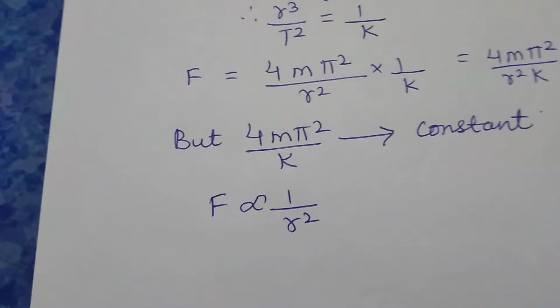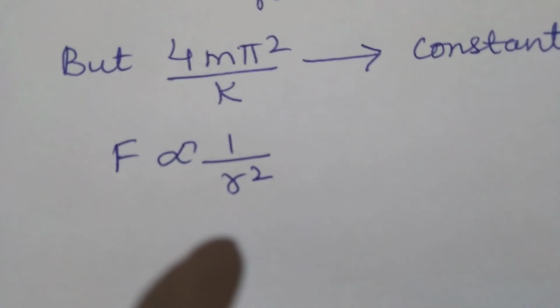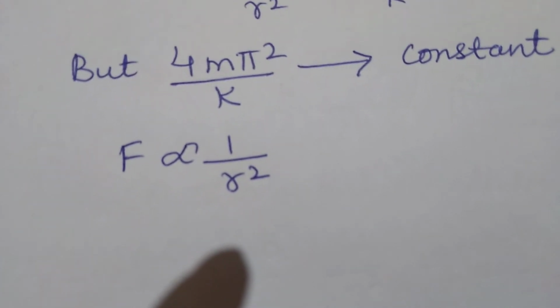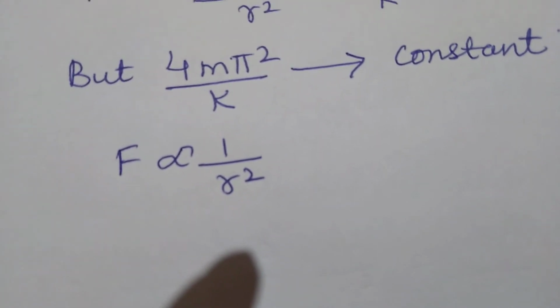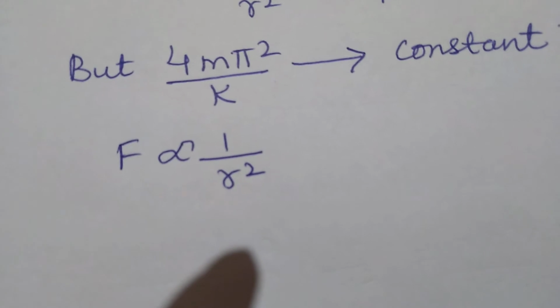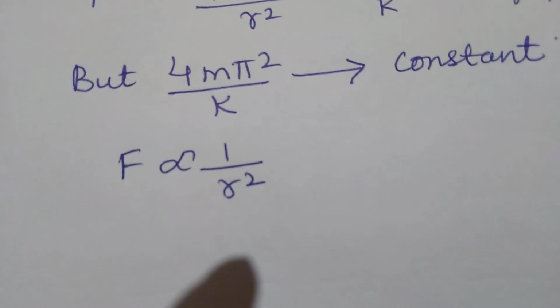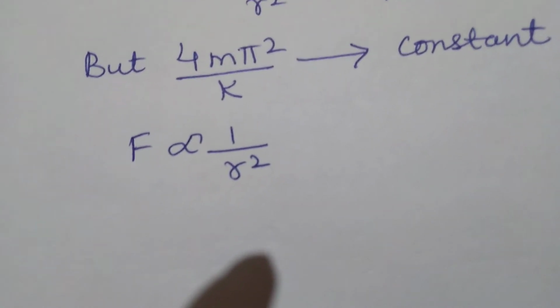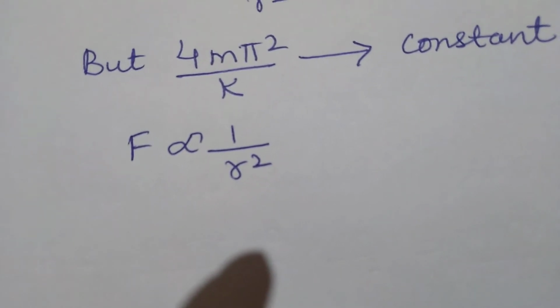Now this is a very important statement, that is force is inversely proportional to r square, and this was concluded by Newton. Now what we are doing is we are applying Kepler's third law and Newton's findings.